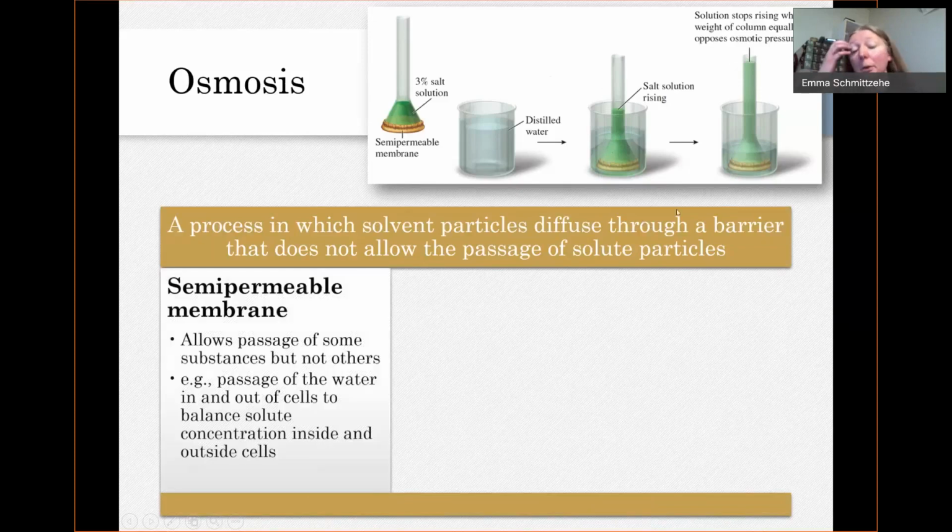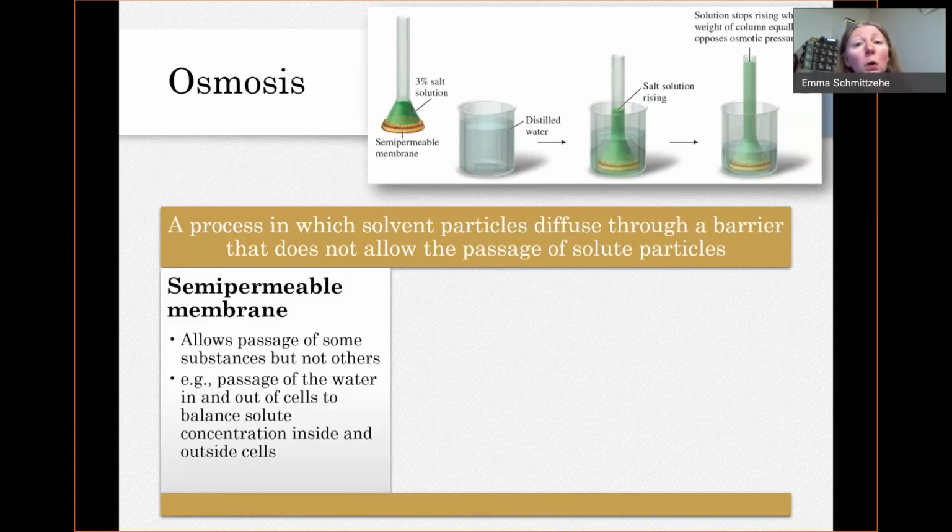The semi-permeable membrane is just some kind of filter almost. It allows the solvent particles to go through, but the solute is going to be trapped on the one side. This is what happens in our bodies. Our cells are in our blood. Blood is a solution, and cells are in that, and within the cell there's some solution inside of the cell.